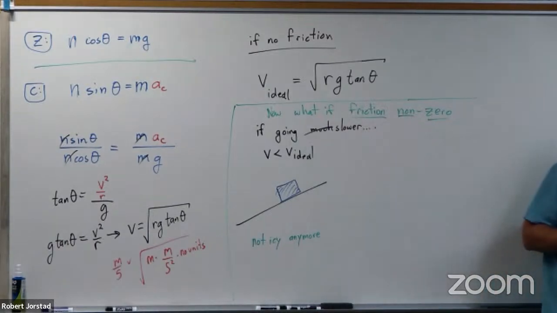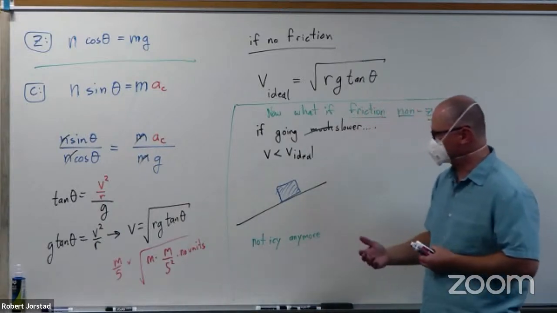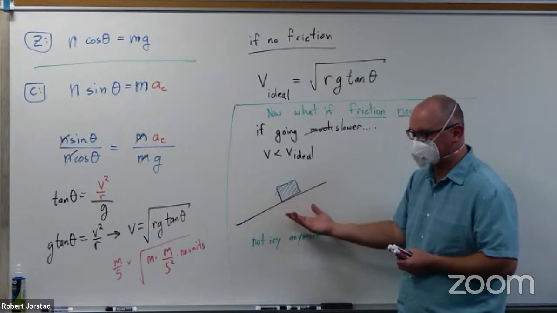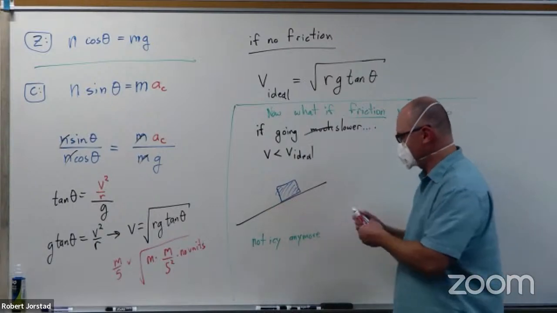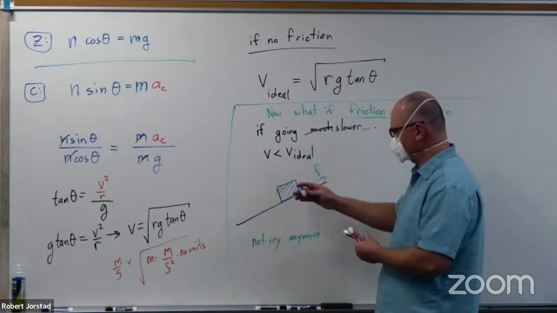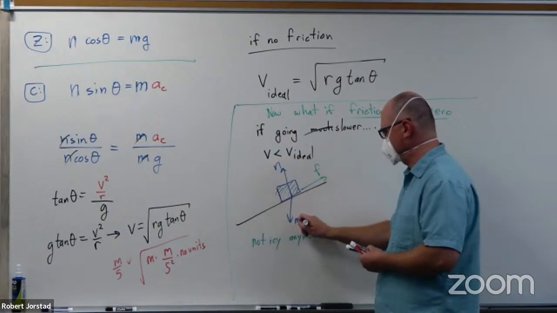So now we're going to have friction. I need to know, remember Alan was saying we got to know which way it points. Well, if you're not moving, which way do you think friction points? Up the plane. There'd still be a normal force. There'd still be mg.